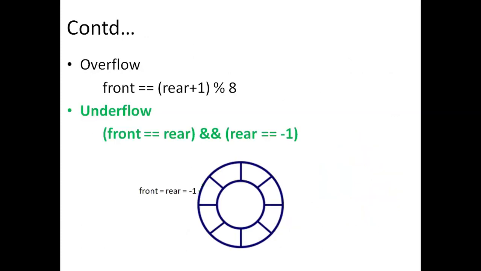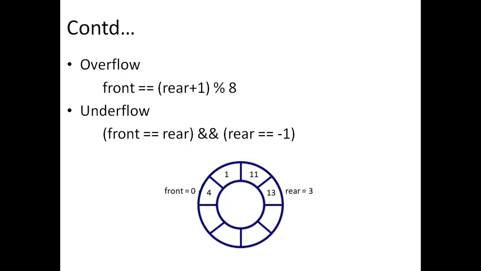Let's have a look at an example now. As is shown in the current slide, the circular queue is underflowing. Therefore, front as well as rear pointer both have value -1. Now, if we keep on enqueuing elements in this circular queue, then after 8 insertions, the queue gets full.